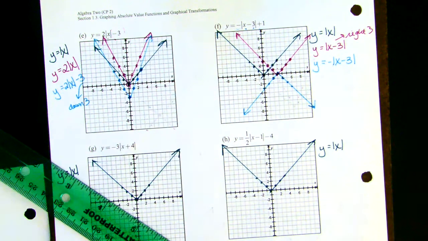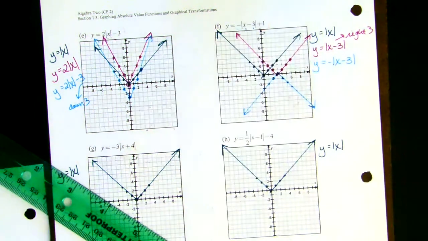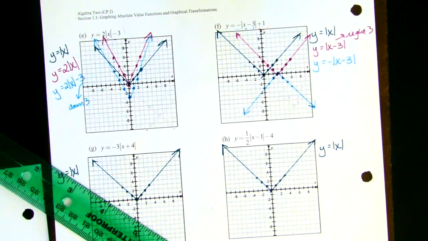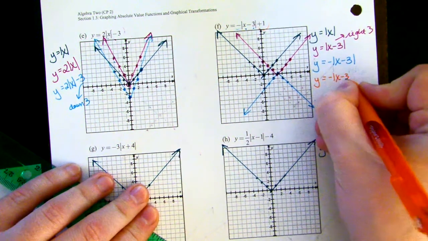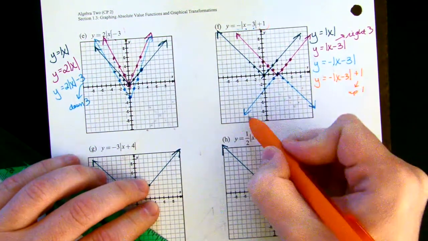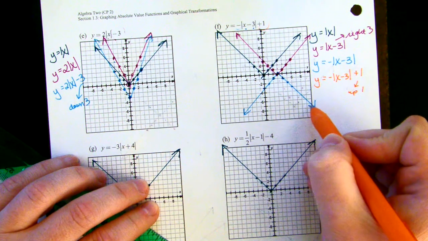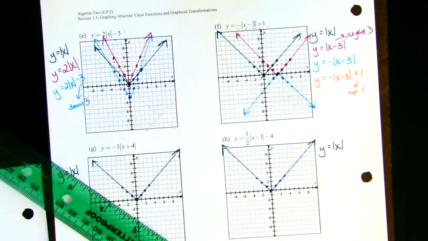Finally, we have the plus 1 to deal with. What's this plus 1 going to do? That plus 1 should move it up 1 space. So, I'm going to take all the points on my blue graph, your colors might be different, that's fine, and I'm going to move everything up 1 space.